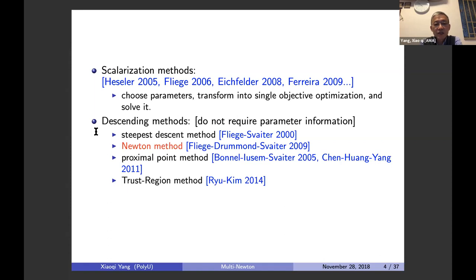Another method I'd like to mention is the extension of the proximal point method by Bonnel, Iusem and Svaiter in 2005. They used the Euclidean distance for this proximal point method. We did some work with my co-authors in 2011, where we used Bregman distance instead. We also did the convergence analysis.